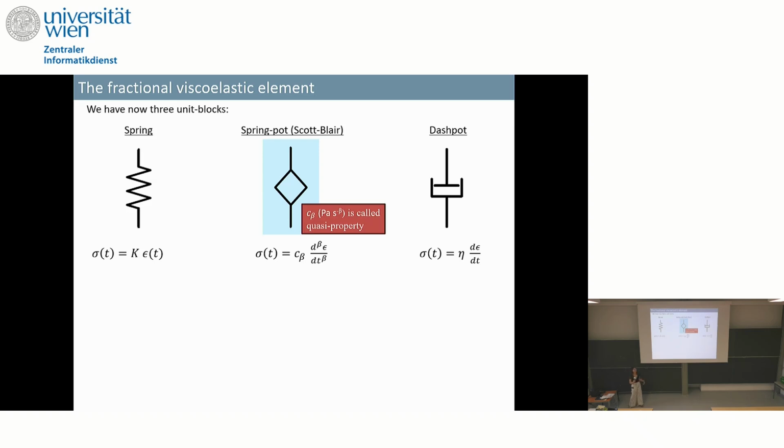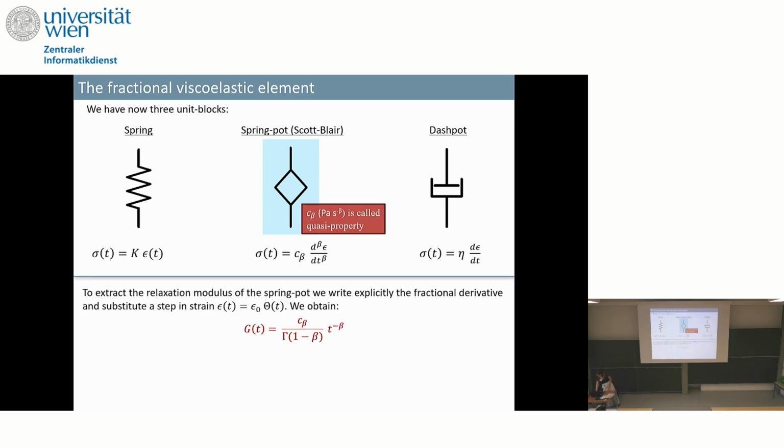And that's called a quasi-property because it doesn't have a direct physical sense. But you can sort of get it: if beta is 0, then it becomes a spring, so that's going to be a stiffness. It tells you how stiff it is. If beta is 1, it's going to be a dashpot, so it's closer to a viscosity. So some people call it the firmness of the material. But what it physically is, if you have an answer, we're happy to hear it.